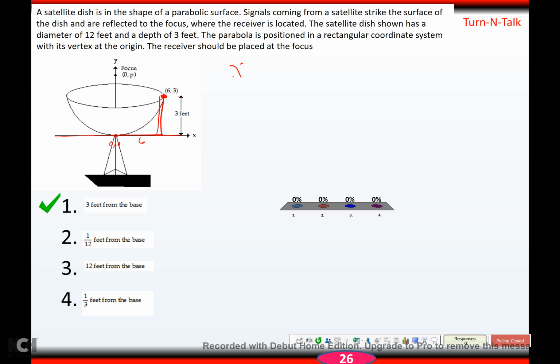So if I use my equation, x squared equals 4py, and I use this for x and this for y, I'm going to have 6 squared equals 4p times 3, which gives me 36 equals 12p, divide by 12, and p equals 3. So the focus should be placed 3 feet from the base, or the light.